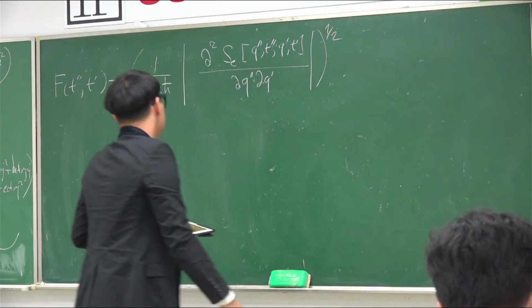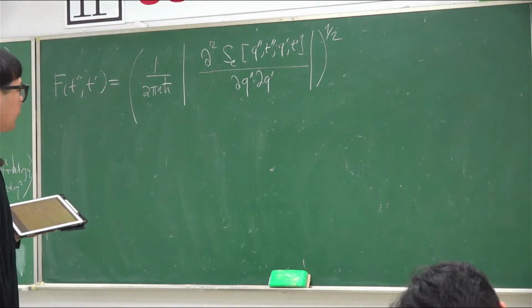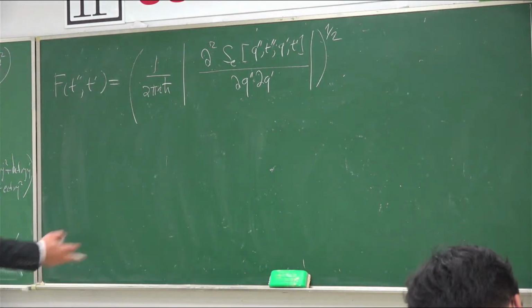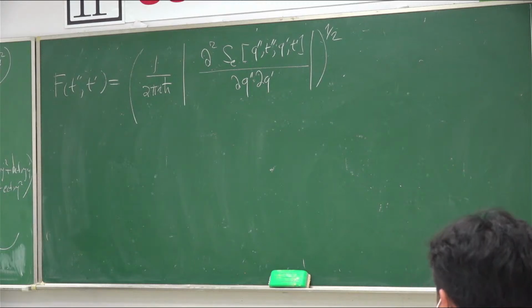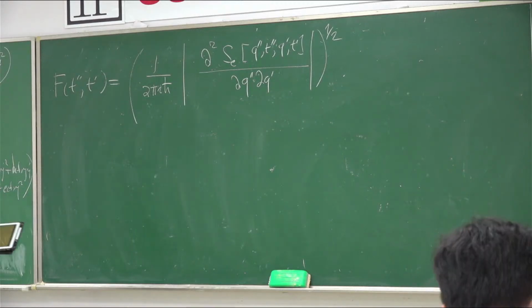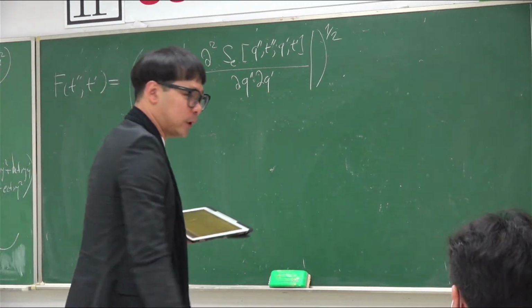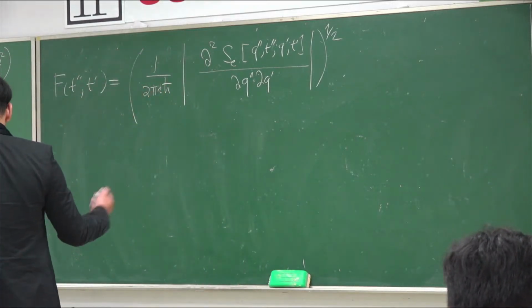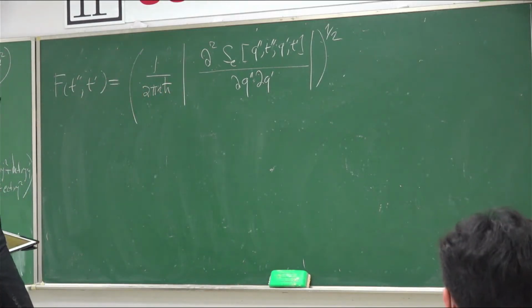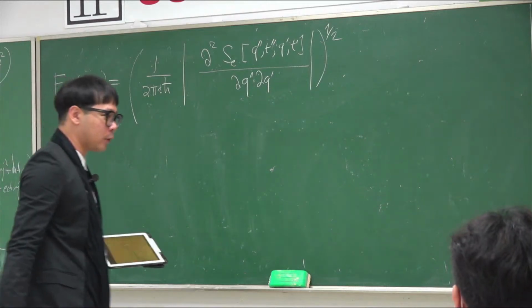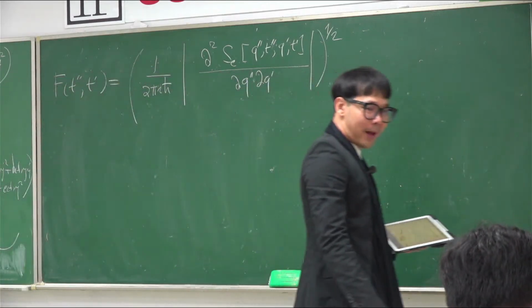Okay, so that is the way to do it. As I mentioned, I'm going to skip it because it's going to take a long time. But this is another one we want to have. You can have a look again at the textbook, Schumann.